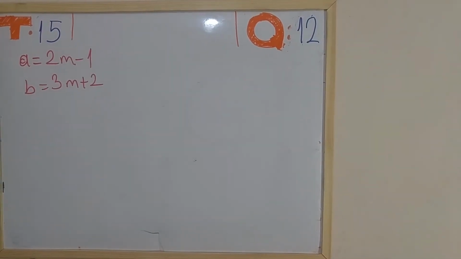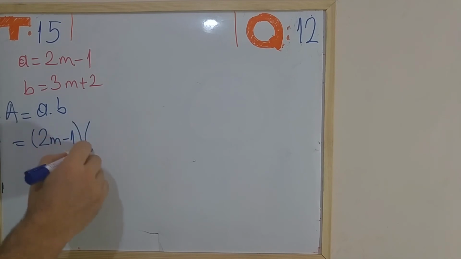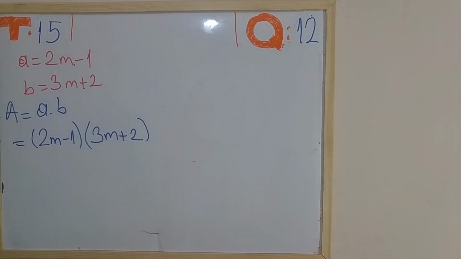Now I have a rectangle, and I'm supposed to find the area of this rectangle. As you already know, the area of a rectangle is the multiplication of both sides. So what I need to do is to multiply these two polynomials, 2m minus 1 with 3m plus 2. Let's expand them.